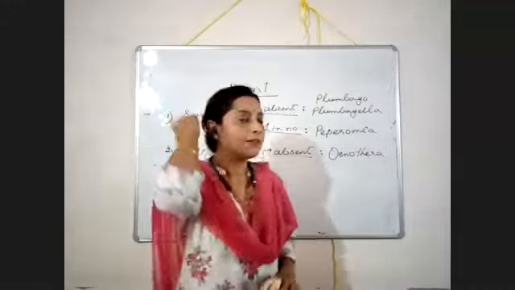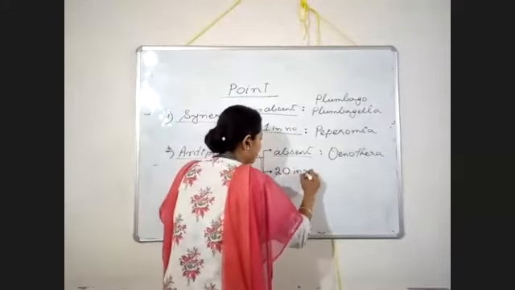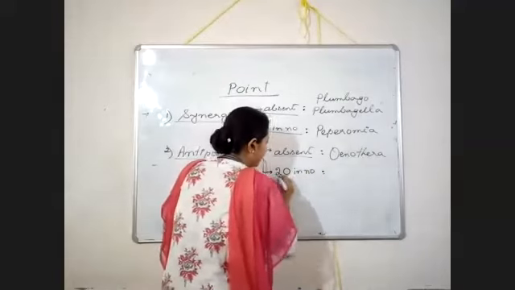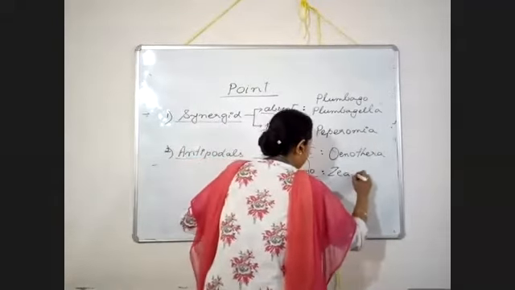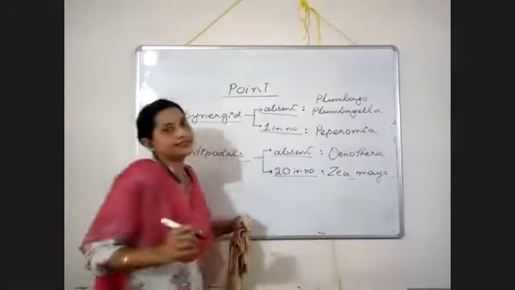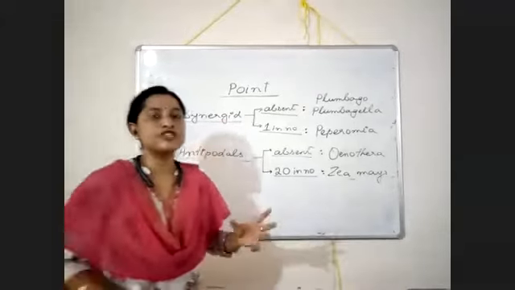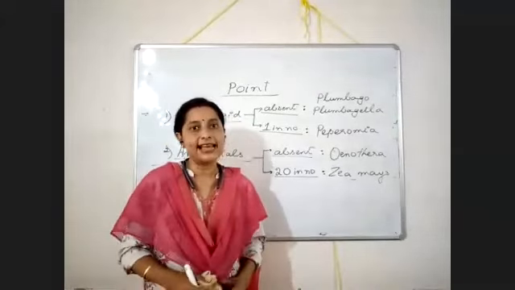But sometimes their number can vary up to 20 also. The example being maize. So in case of maize, it is 20. So these are certain exceptions that you have to know about the synergids and the antipodal cells.